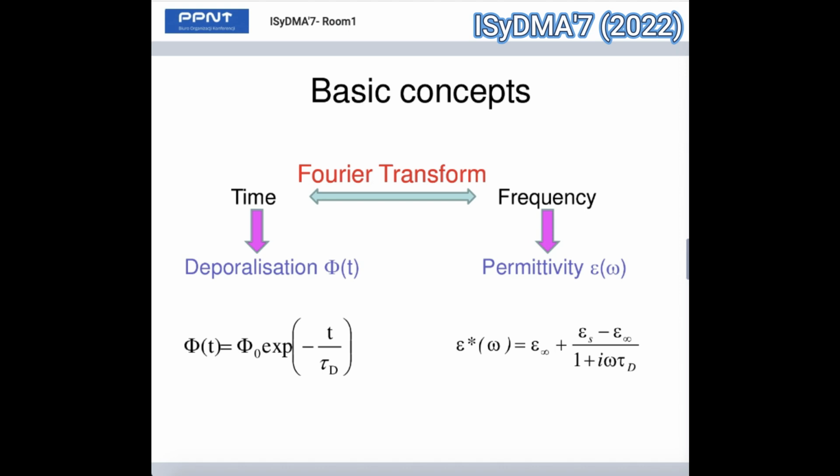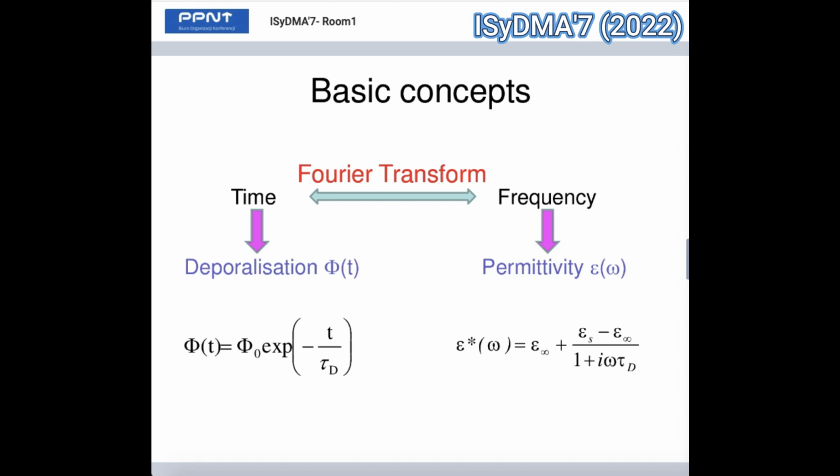So we can use the Fourier transform to pass to the frequency domain, and then you can have the permittivity. In this case, the permittivity is a complex number and a function of the frequency. We have here the permittivity at very high frequencies, and the static permittivity at very low frequencies.